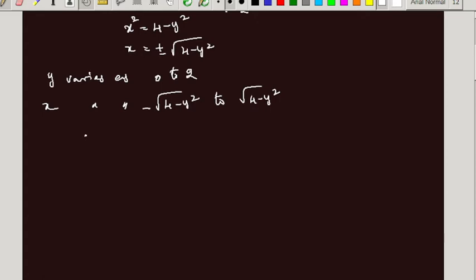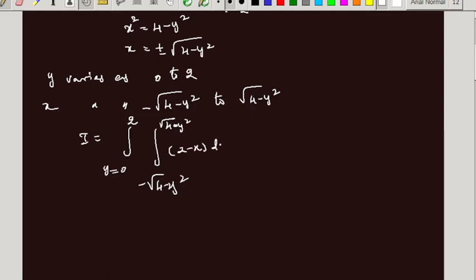Now we write the integration. Here y is constant, so y is from 0 to 2 and x is from minus square root of 4 minus y square to square root of 4 minus y square, for the function 2 minus x. First we integrate with respect to x.